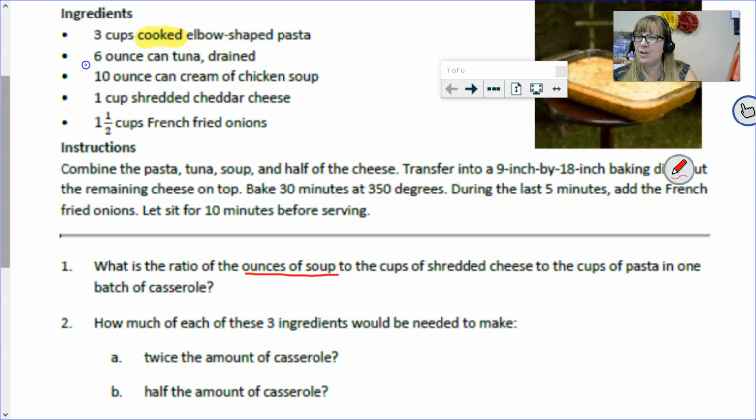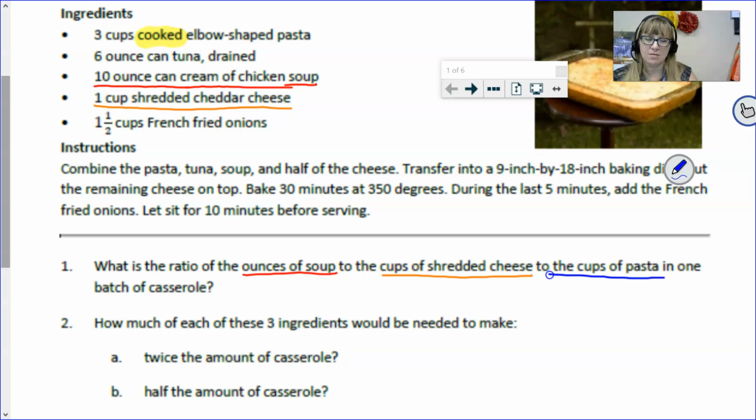And what I see is it says the ratio of ounces of soup. So I'm going to look for that, ounces of soup, to the cups of shredded cheese. So cups of shredded cheese to the cups of pasta. So cups of pasta.